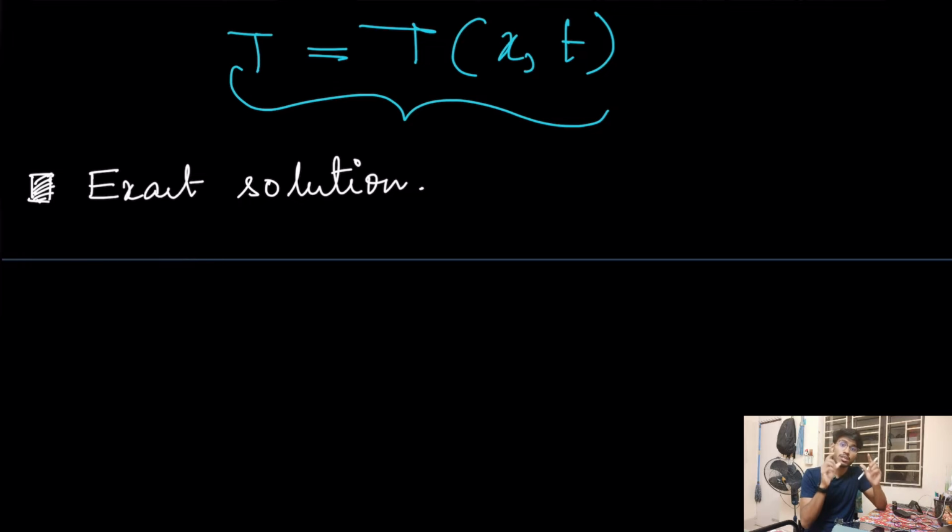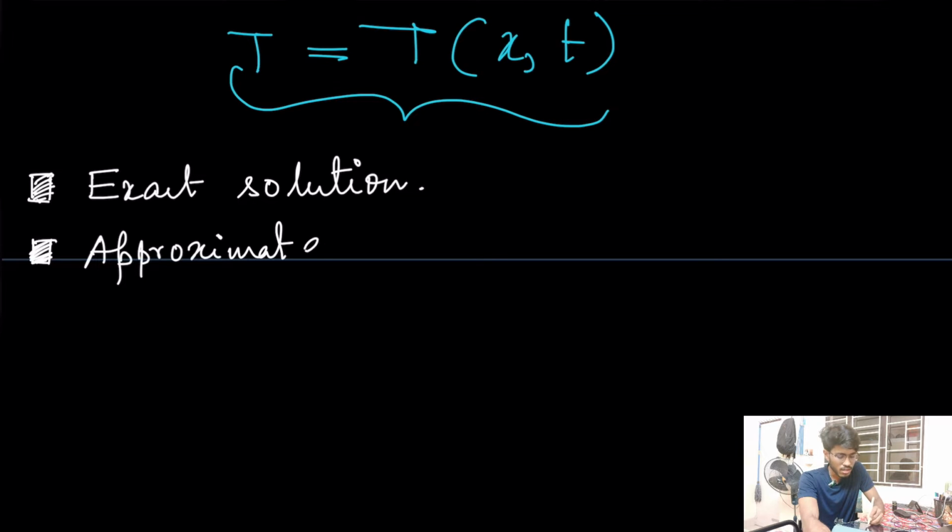If you change the boundary condition, then it will not have an analytical solution. So it will have an exact solution and also an approximate solution, and both are important.